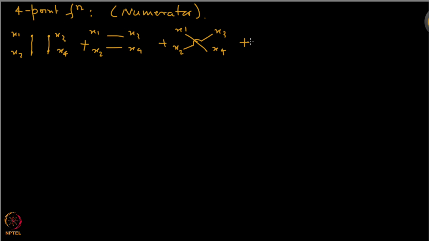Now I go to the other terms, order lambda terms. At order lambda you can have the following. There is a vertex here. Now I will not write x1, x2; it is understood that I am always writing it this way. Then there is another possibility at order lambda, which is this.